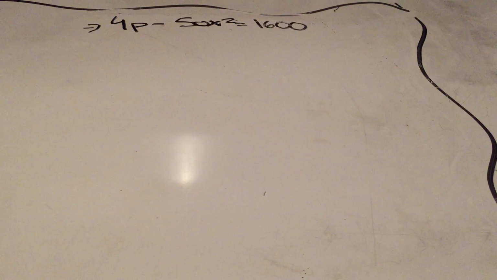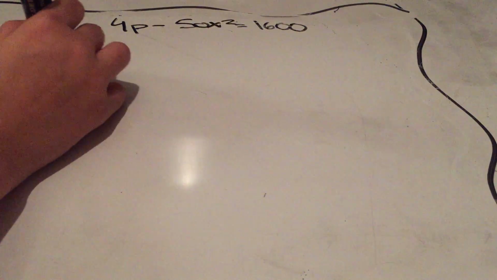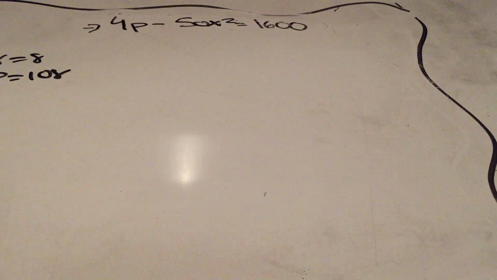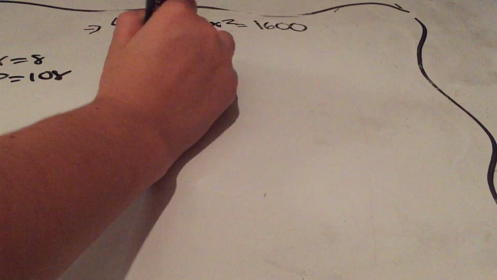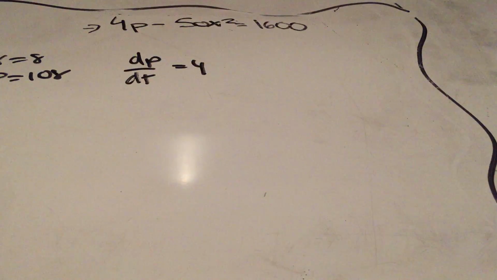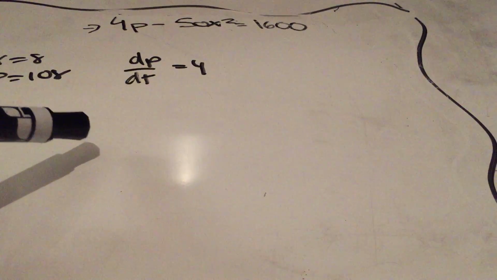So all of this is dx over dt when x equals 8, p equals 108. And then we have the price per tire, which is increasing at a rate of $4 per week. Remember, that's positive. If it was decreasing, we'd put a negative sign.